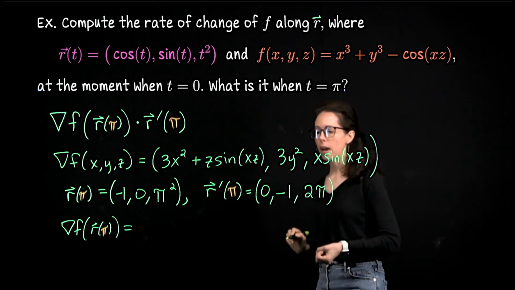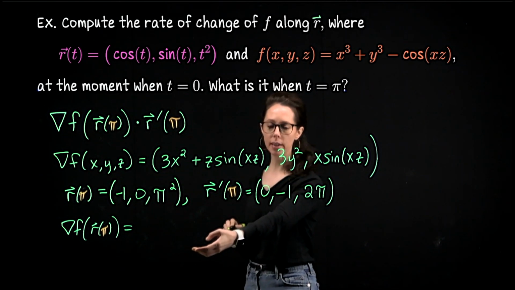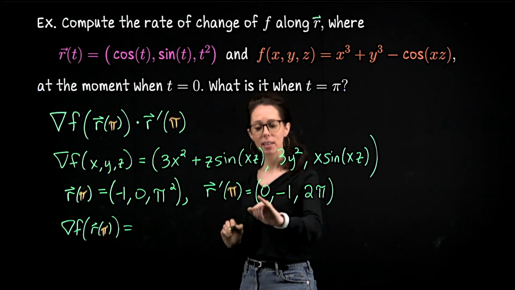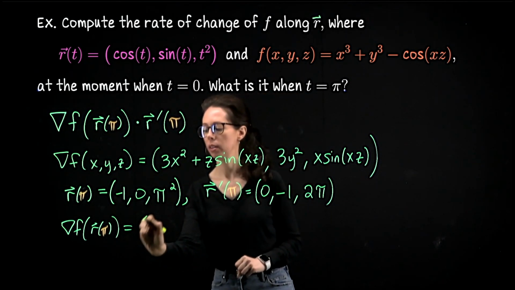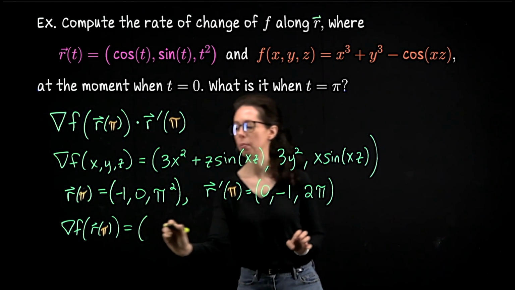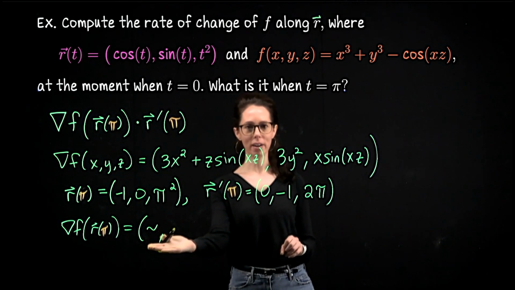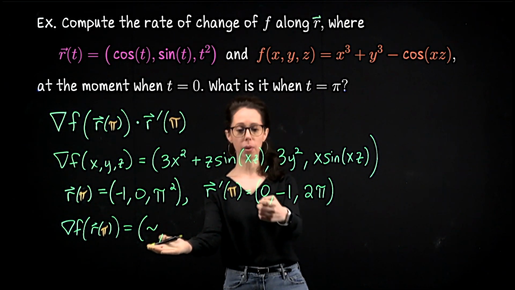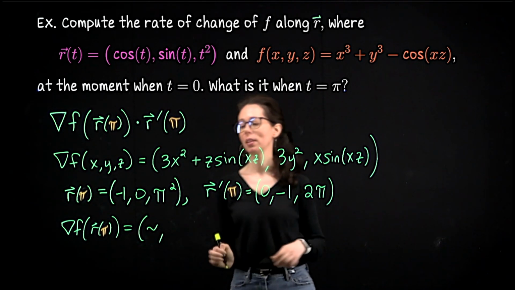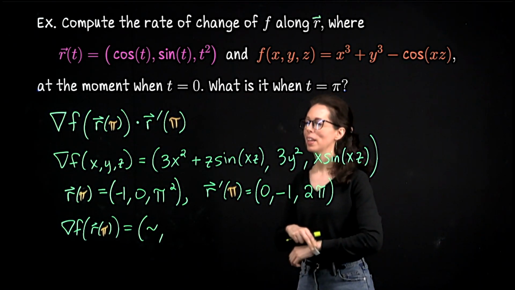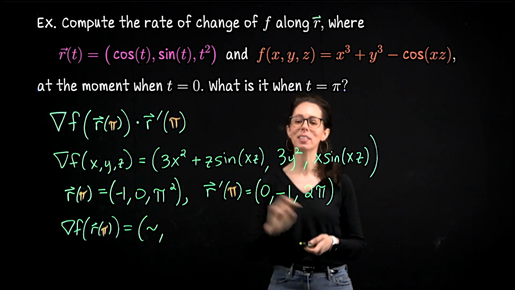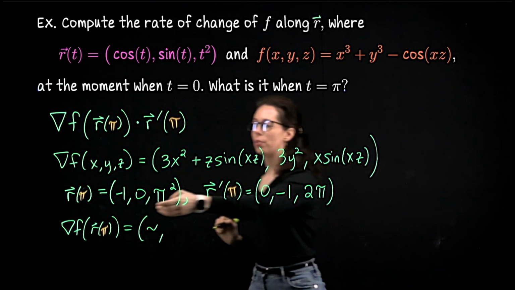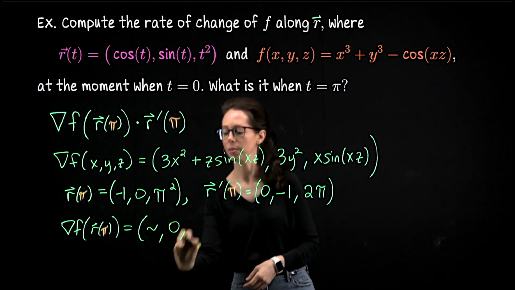I'm going to take the dot product of whatever vector I'm about to write down and this vector. Since this first coordinate is 0, I'm going to save myself a little bit of time and just say that it doesn't matter what this is because in the dot product it's going to pair up with 0. So just a little shortcut. Okay, that's great because we could skip this. 3y squared is 3 times 0 squared, so that's 0.